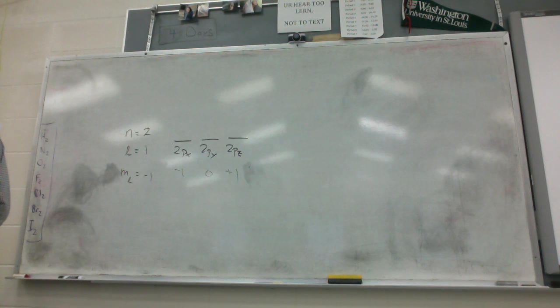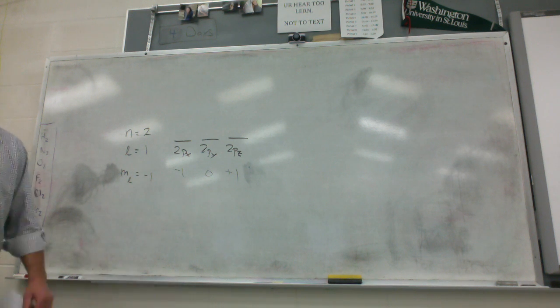Yes, Paul? So when is L not n minus 1? Say this again? When is L not n minus 1? Isn't it always? No, it's up until n minus 1.